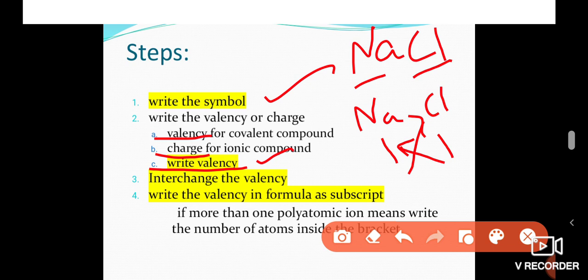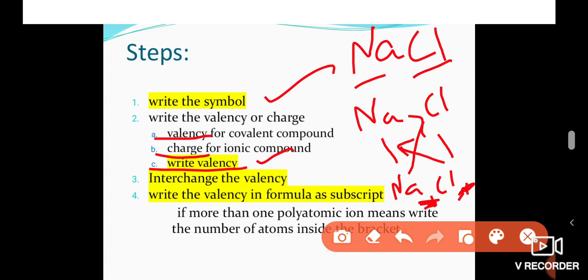Subscript means below the line. So Na1Cl1. In this way we write the valency in the formula as subscript. If it is 1, we need not consider that 1. Now what is the formula? NaCl.